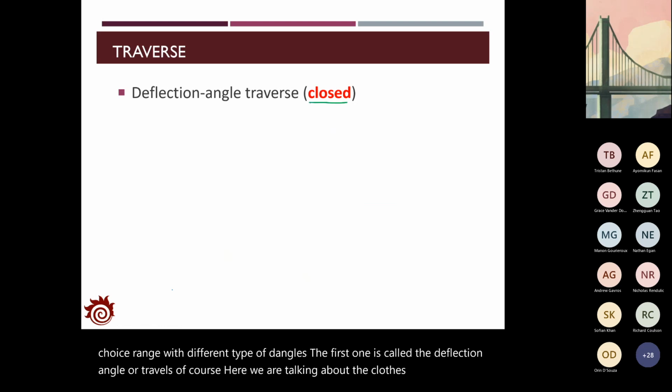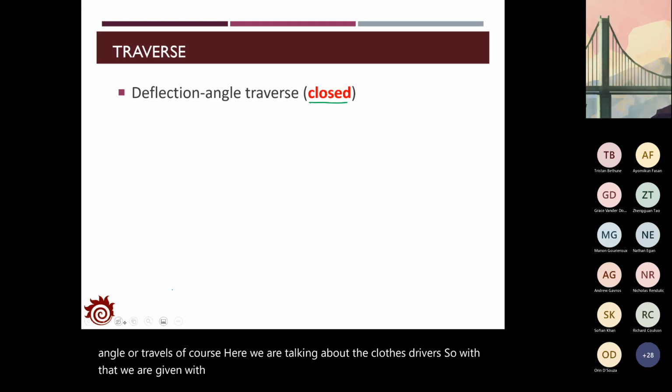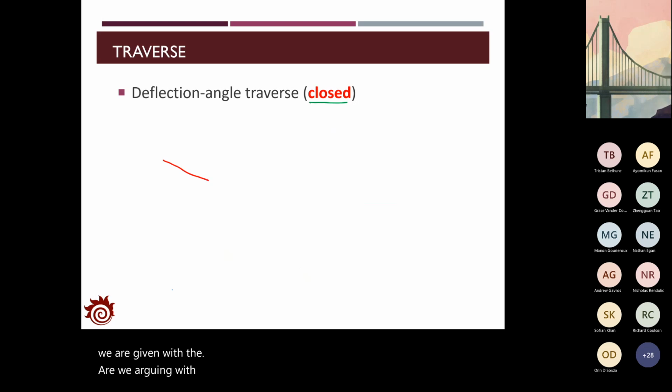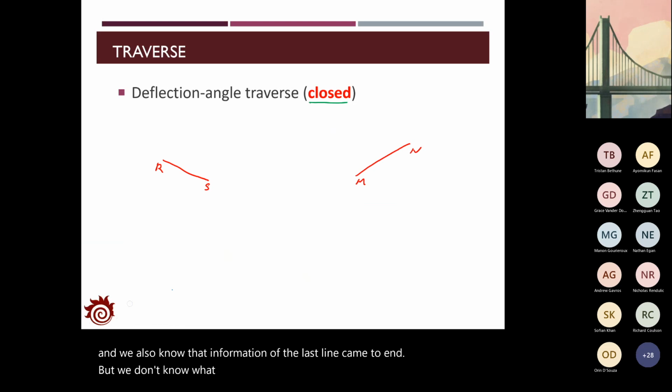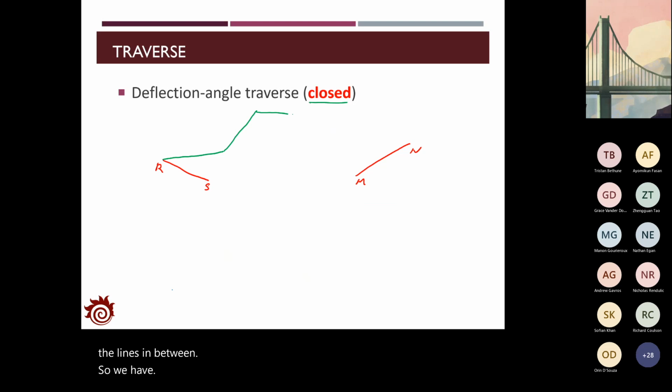So with that, we are given the initial condition of the line S to R, and we also know the information of the last line M to N. But we don't know what happened. We want to use this information to measure the lines in between. So we have a set of lines.